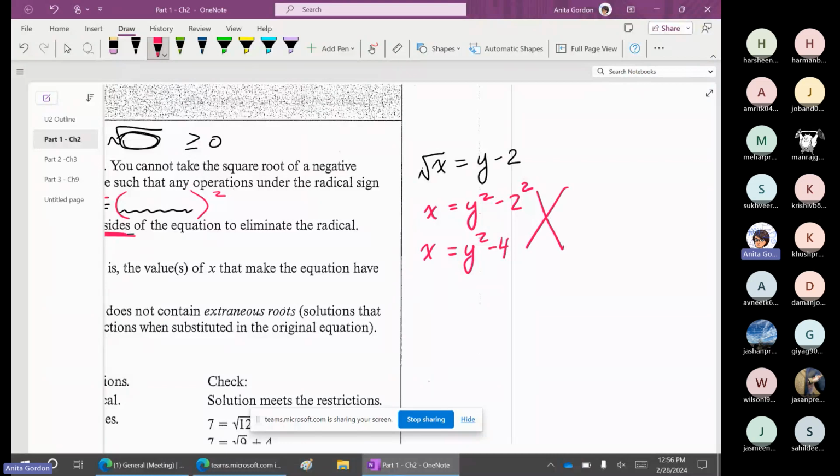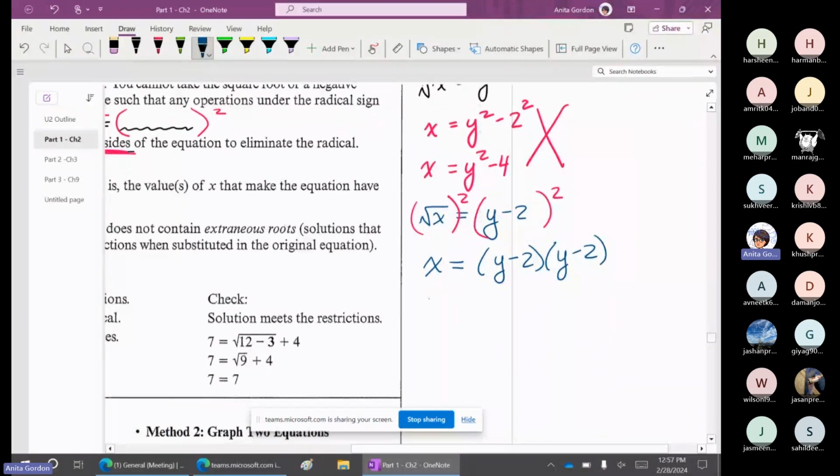Do not do that. We are saying that everything on the left represents everything on the right. So when we square it, we are squaring the entire function or the entire equation on the right side. This means that x equals y minus 2 times y minus 2. This is essentially a perfect square, right?